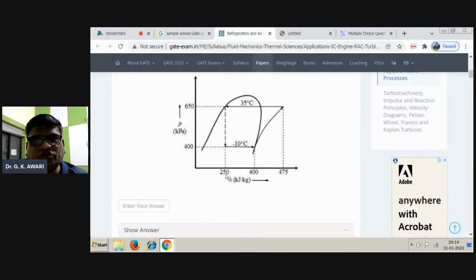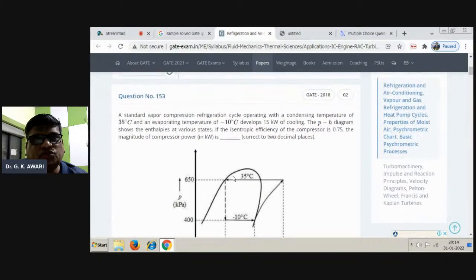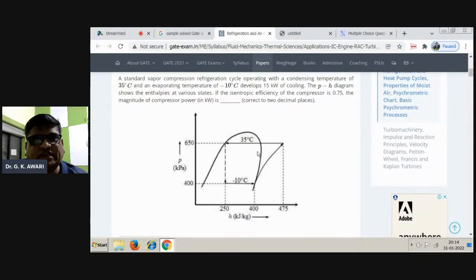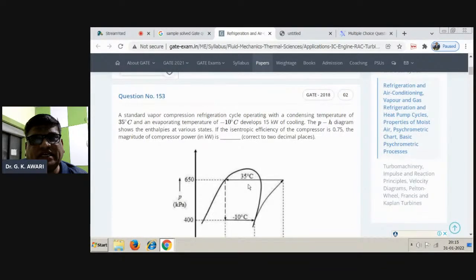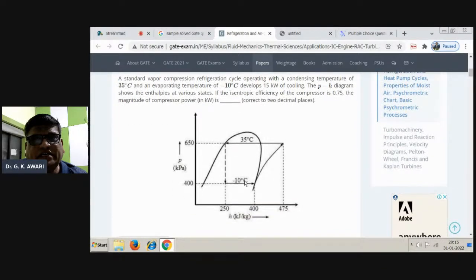So you can see here the pressure enthalpy chart. On this chart it is plotted, that is 1 to 2, 2 to 3, 3 to 4, and temperatures are being shown. Let us say 35 degree centigrade here, minus 10 degree centigrade here, low pressure line and low temperature.